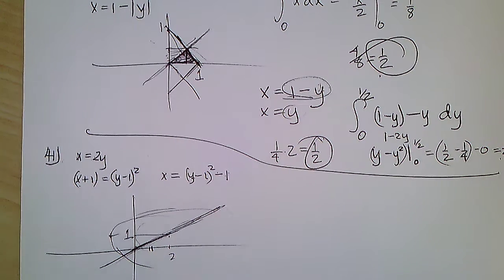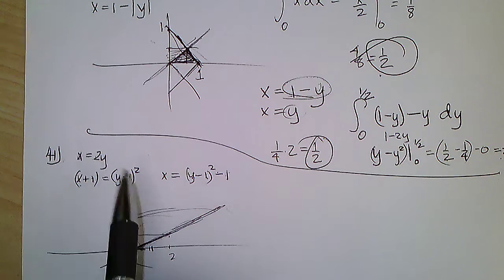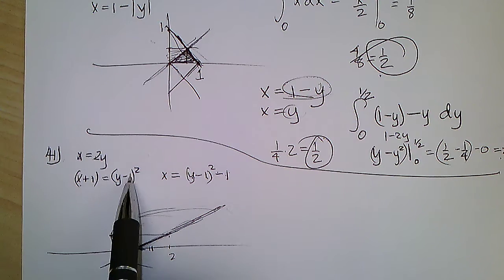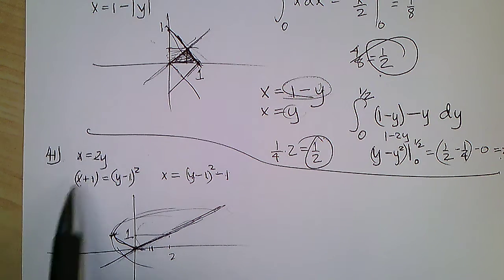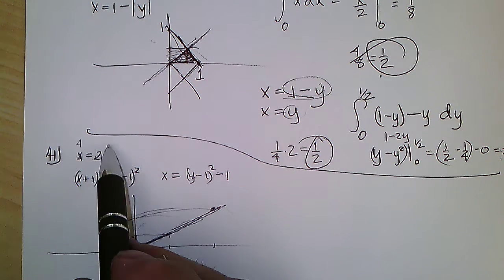So where do they intersect? Okay, so I think they intersect at 0, 0. If I put 0 in, that works in here, and 0 in here, I get minus 1 squared and 1. So they meet at 0, 0. And they also intersect at what? 4 in the x and 2 in the y.